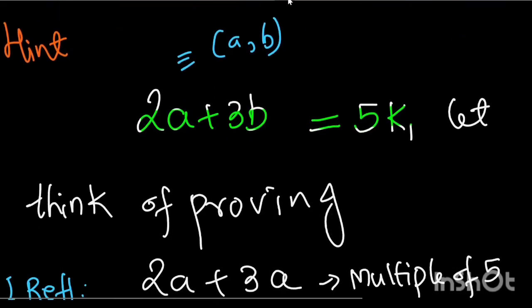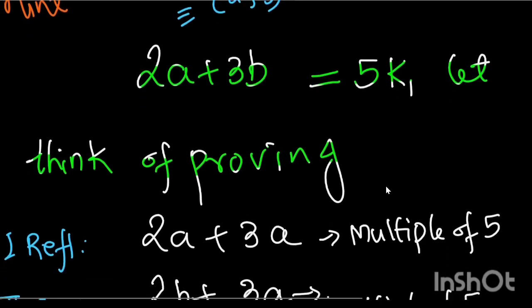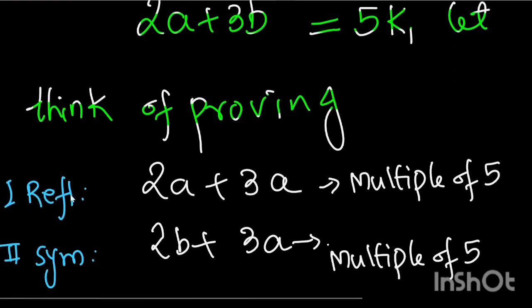Then we have to think of proving three things. One is reflexivity, means (a, a). First, we have to prove that it is a multiple of 5. We can directly see that 2a plus 3a, 5a, is a multiple of 5.